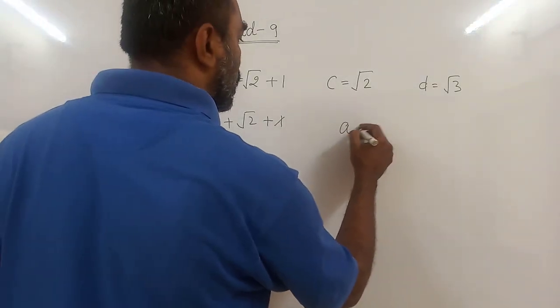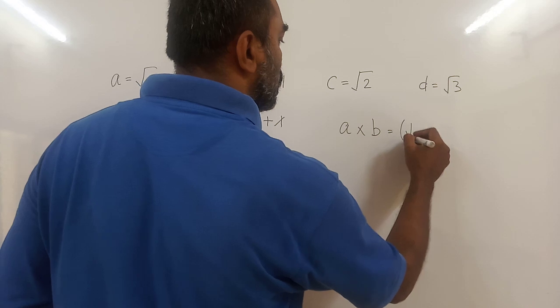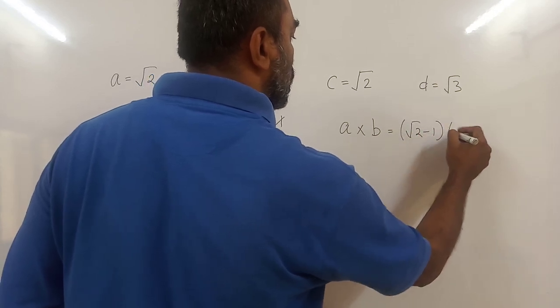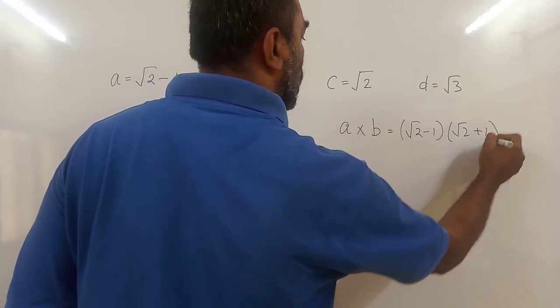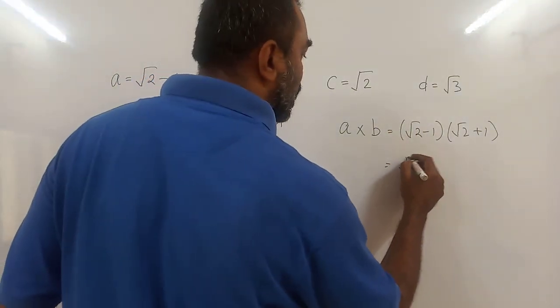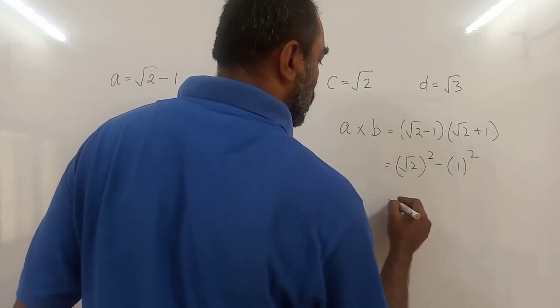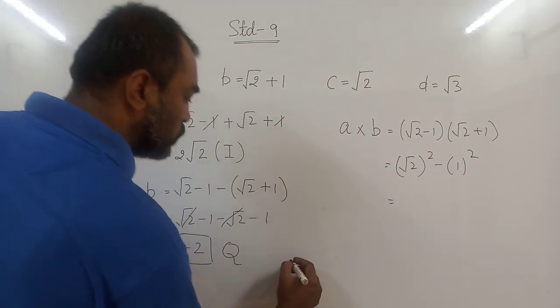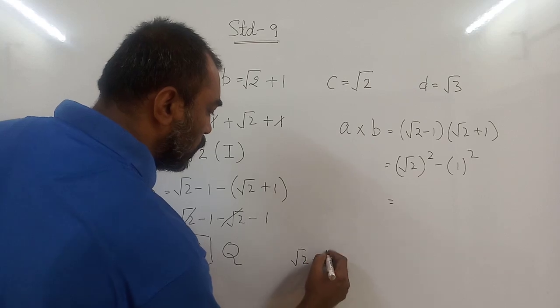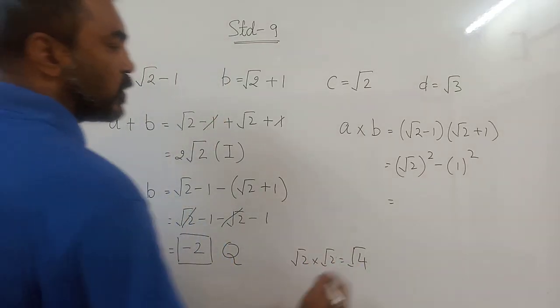Let us multiply A into B. A into B is root 2 minus 1 into root 2 plus 1. Now what is a minus b into a plus b? It is a square minus b square. Root 2 into root 2 is root 4, but root 4 is 2.